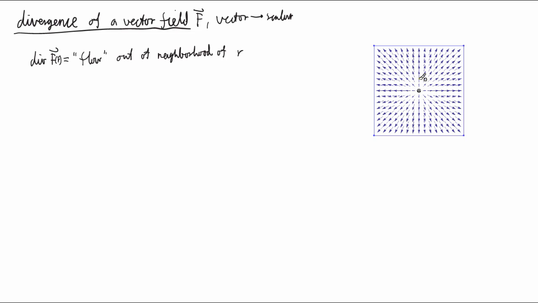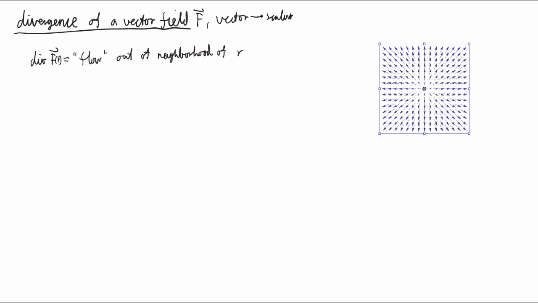So if you want to figure out how much is flowing out of the neighborhood of the center point here, what we will do is define a curve around that point, and then integrate all along this curve, or all along the surface of this volume, the amount of flow out of this volume, and then we'll shrink it down and make it smaller and smaller until it becomes infinitesimally close to this point here that we're interested in.